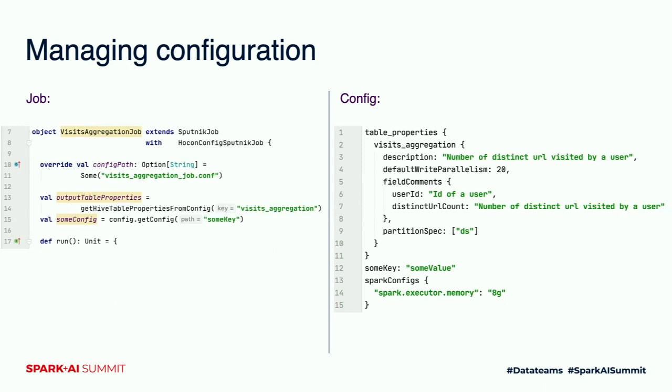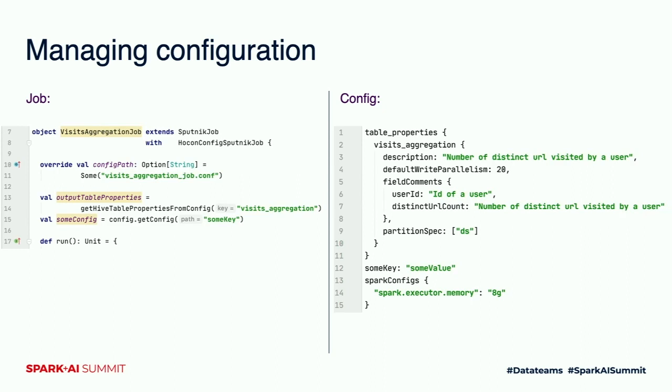Another functionality of Sputnik is working with configurations. It serves two purposes. First, it's a good place to extract all your Spark configurations. So you can have job-specific Spark configurations and you wouldn't have to put them in your Scala file. If you use the data frame API, you can specify all the meta information about your Hive table.